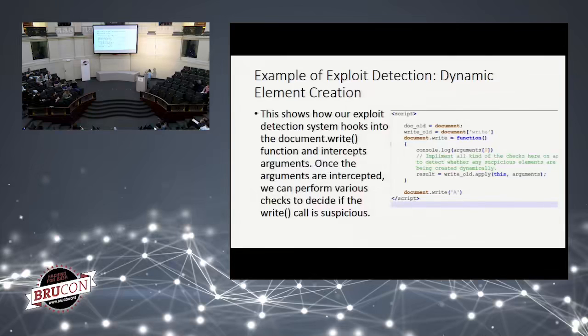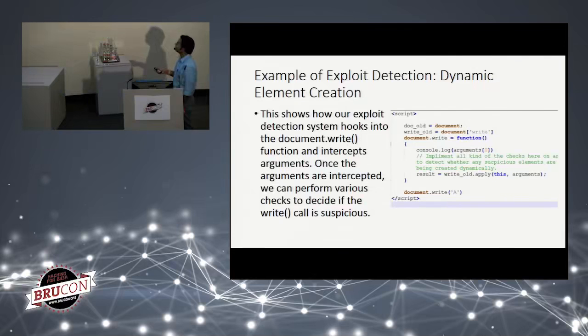You can implement several checks to find out whether any suspicious content is being written to the page or not. And finally, we return the actual object that the attacker is trying to add to the page.